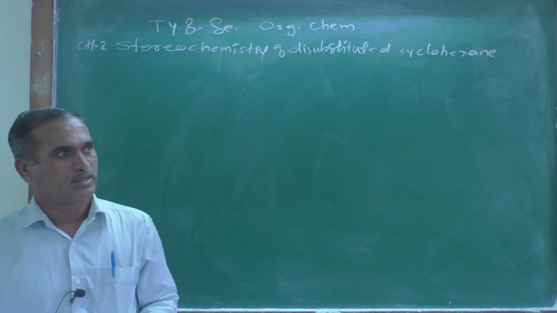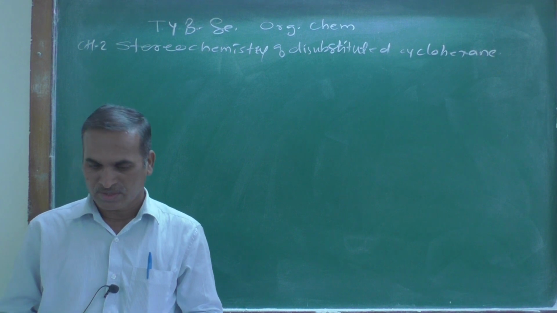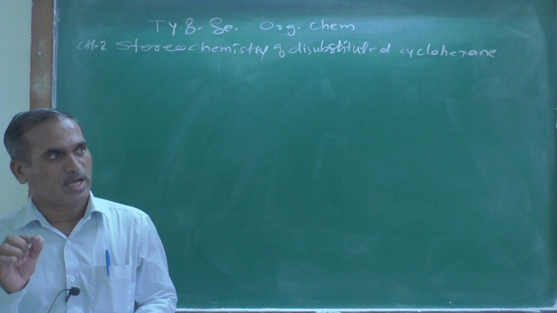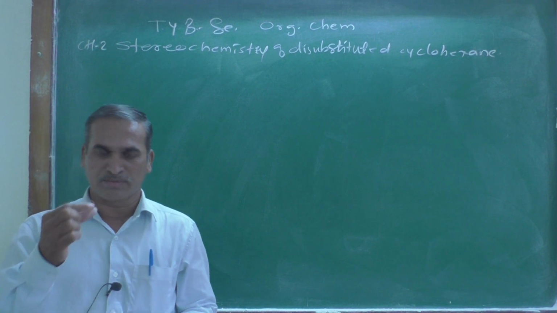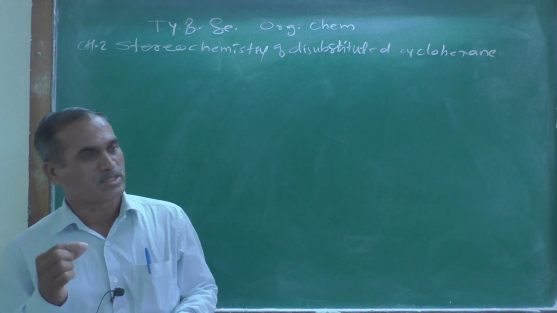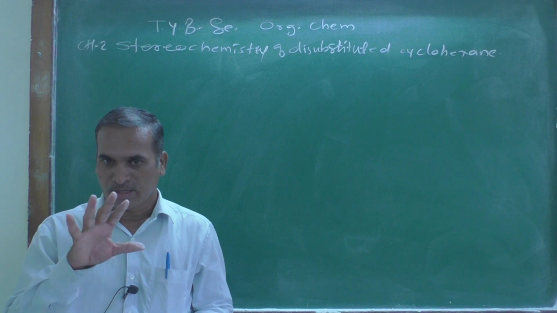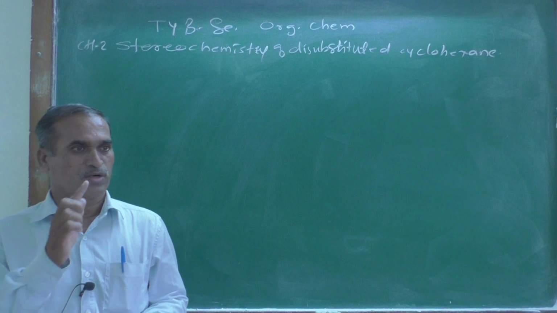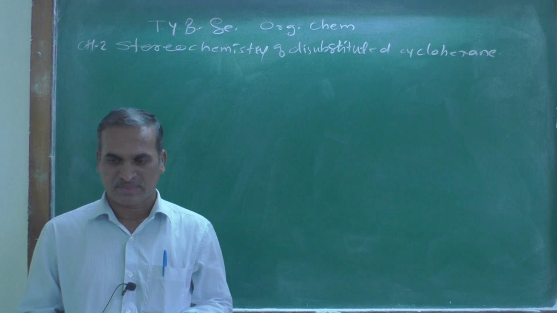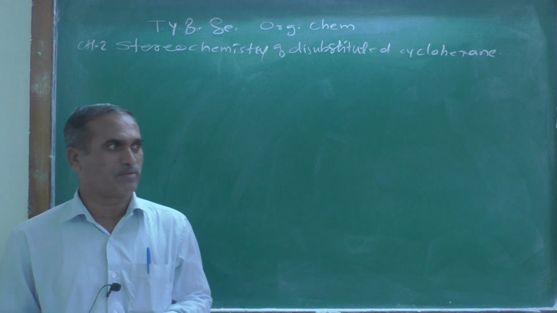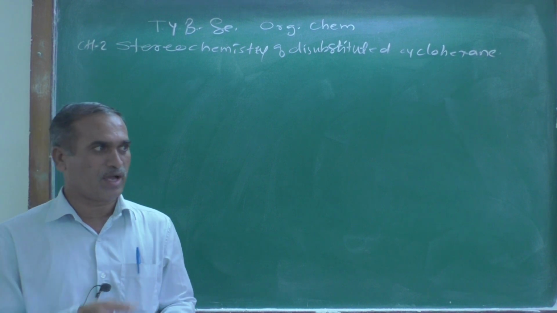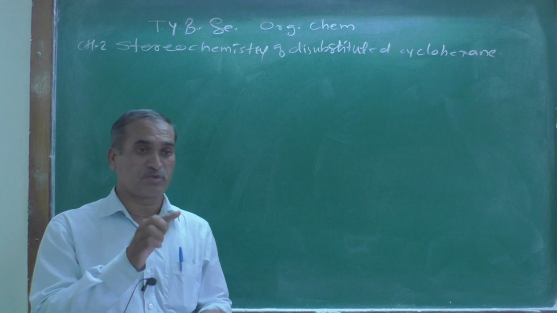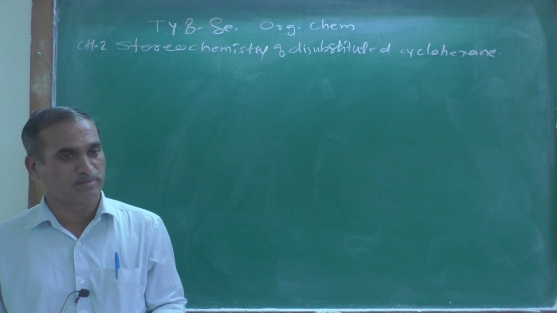Yesterday we discussed the stereochemistry of disubstituted cyclohexane. We discussed the last type, which is the 1,4 type, and the 1,4 type shows geometrical isomerism.